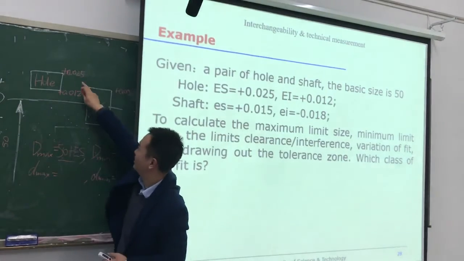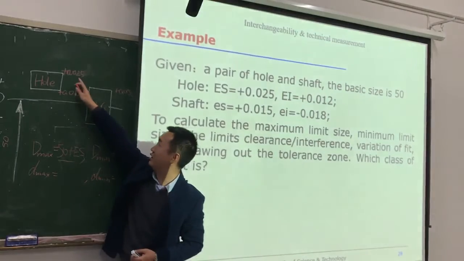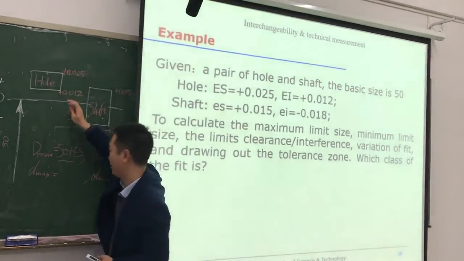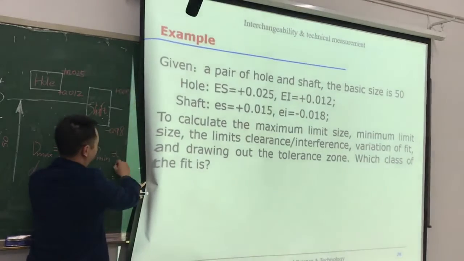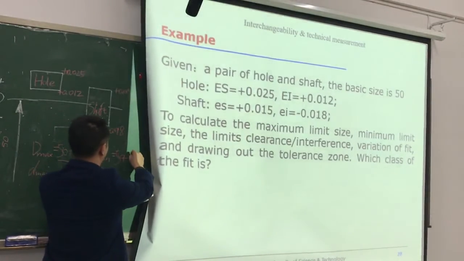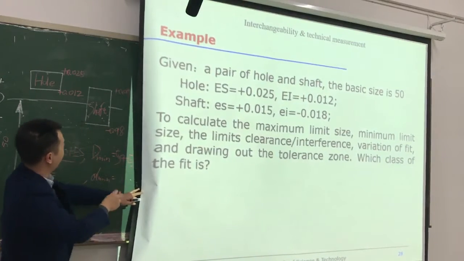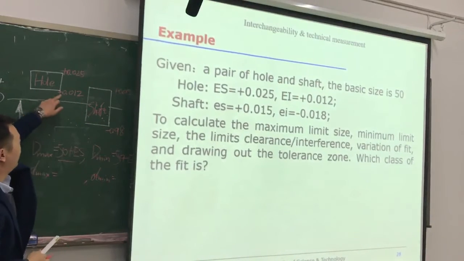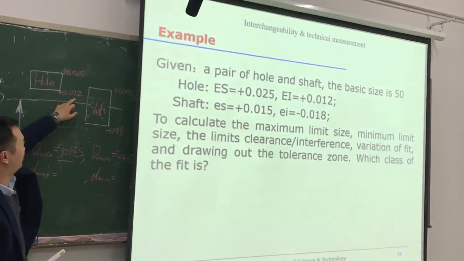The ES we got here, so it's 15.025. That's the answer. In the same way, the minimum size is the basic size plus the EI. EI is 0.012, so the answer is 15.012.